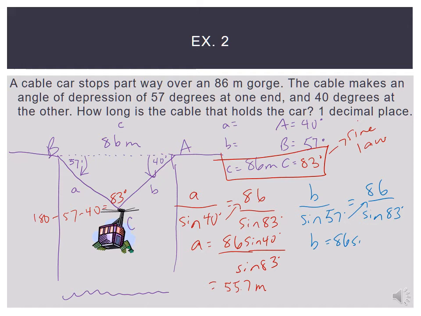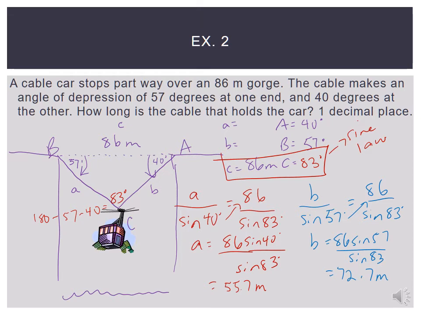Cross multiply. B equals 86 sine 57 over sine 83. Type that in just like you see it. So 86 sine 57 divided by sine 83. One decimal place, I get 72.7 meters.